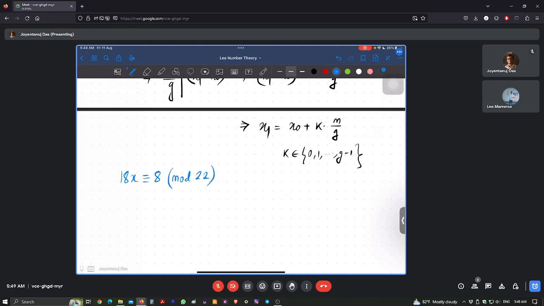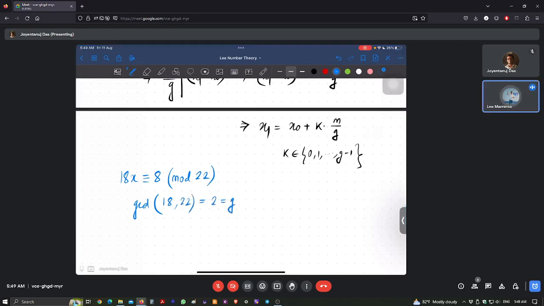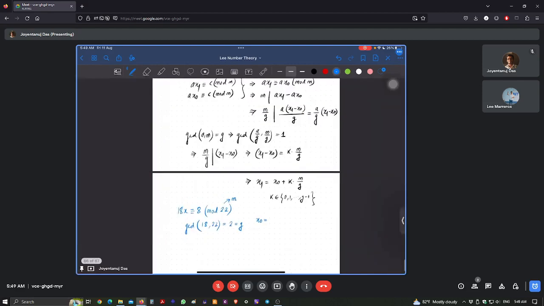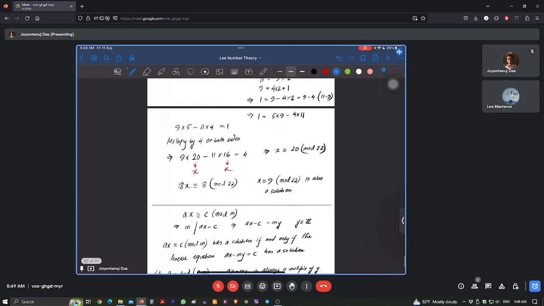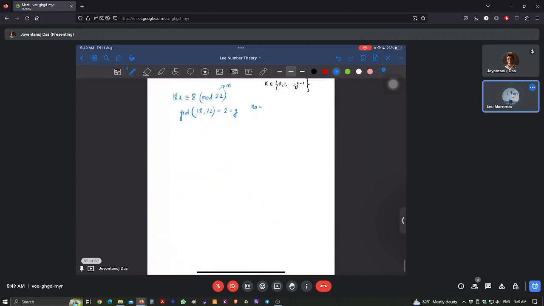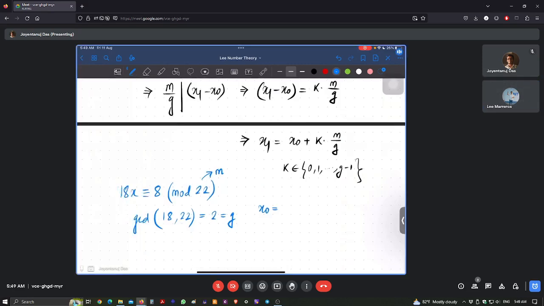The GCD of 18 and 22 is 2. So this is our g, this is our m, and x0, the first solution we got, is 20.